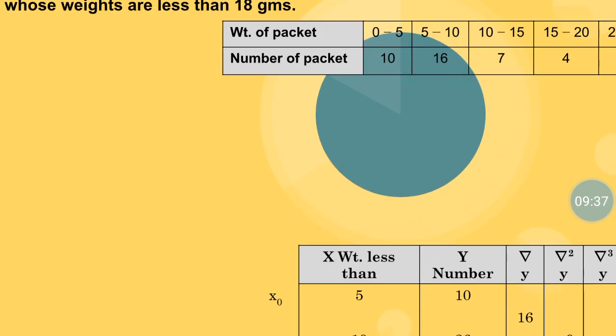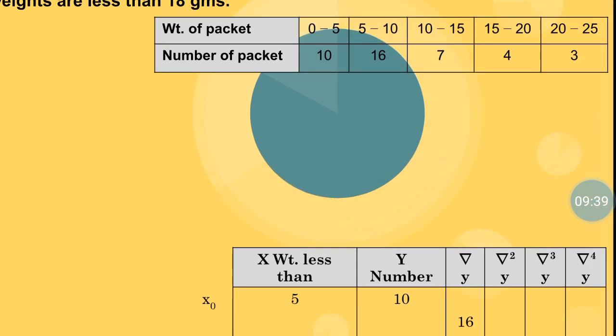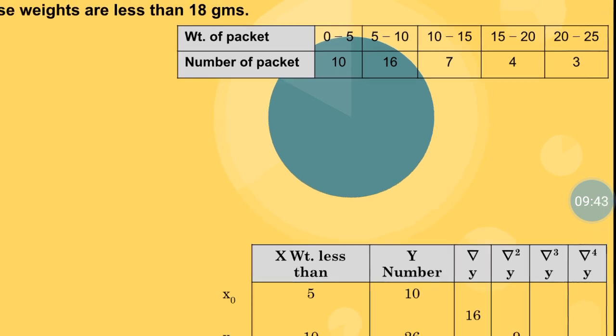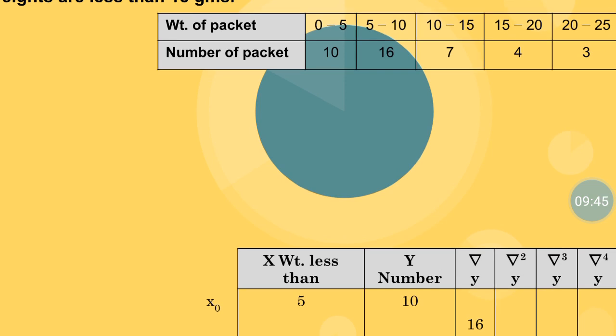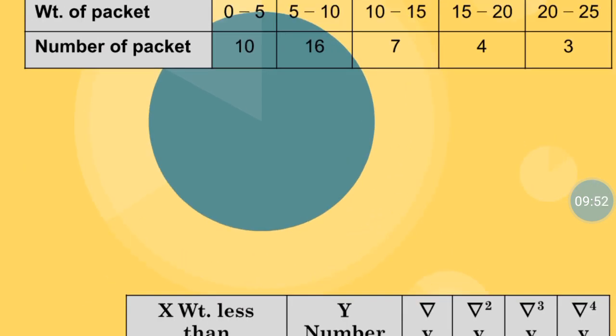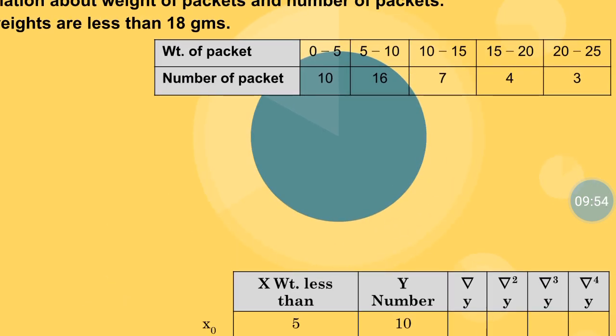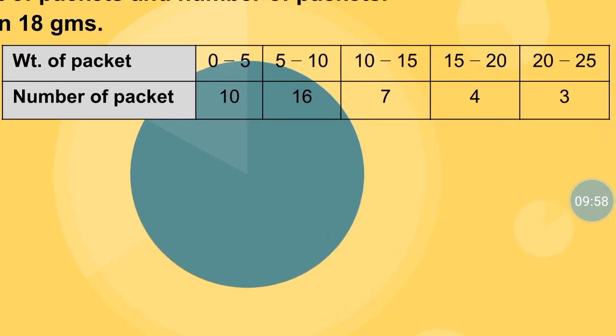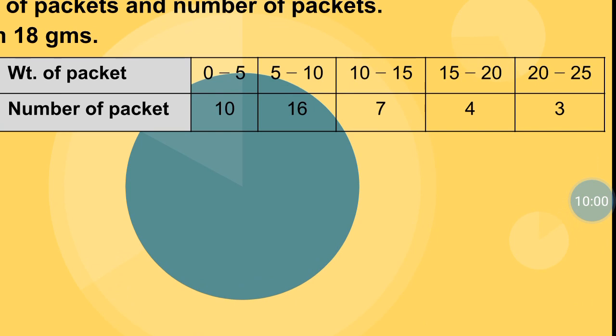Now the weight is given in grams. We are supposed to find the number of packets whose weight is less than 18. Less than means what? We are supposed to first find from the table the less than cumulative frequency. Less than 5, how many are there? 10. Less than 10, how many are there? 10 plus 16, which is 26.